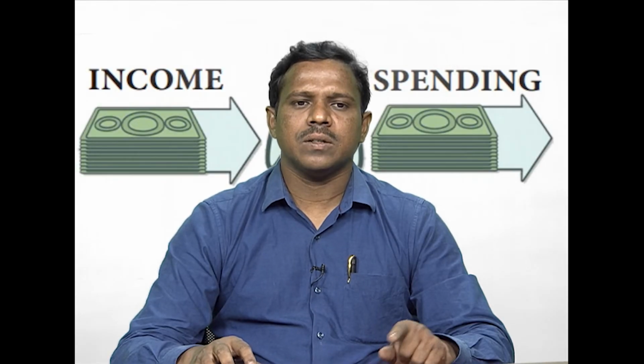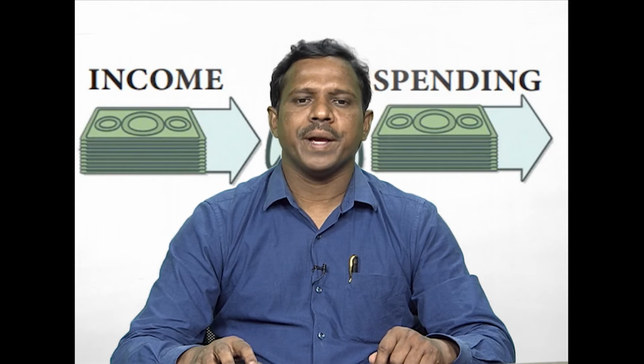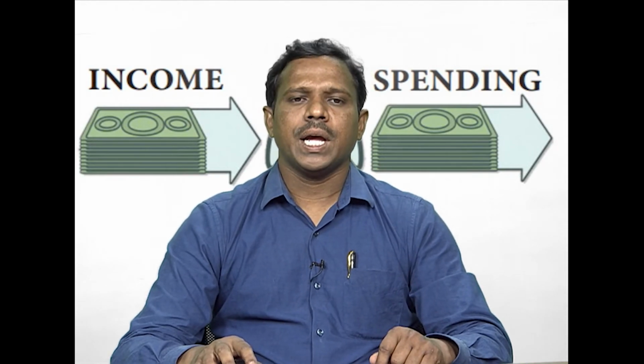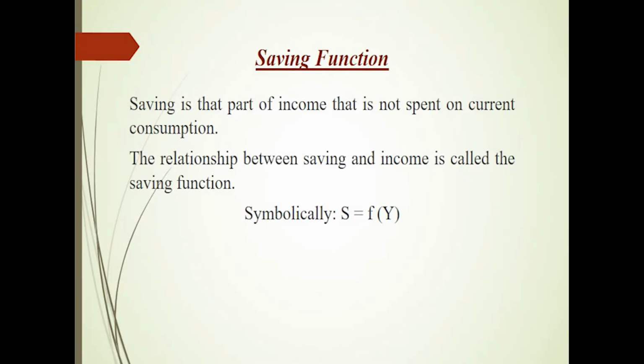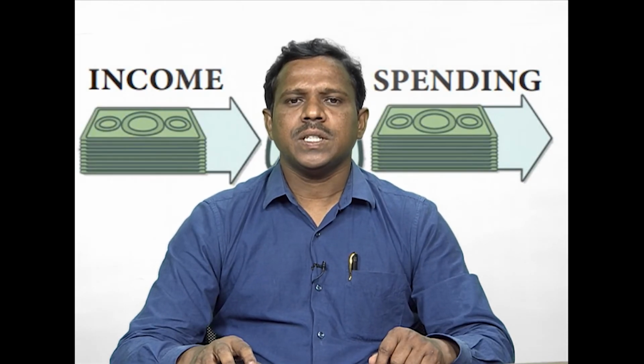There is a positive association between saving and income. When income increases, savings also increase. Symbolically, when we write it as a mathematical equation, S is equal to a function of Y. S is the dependent variable, depending on the income. So, when income increases, saving also increases.